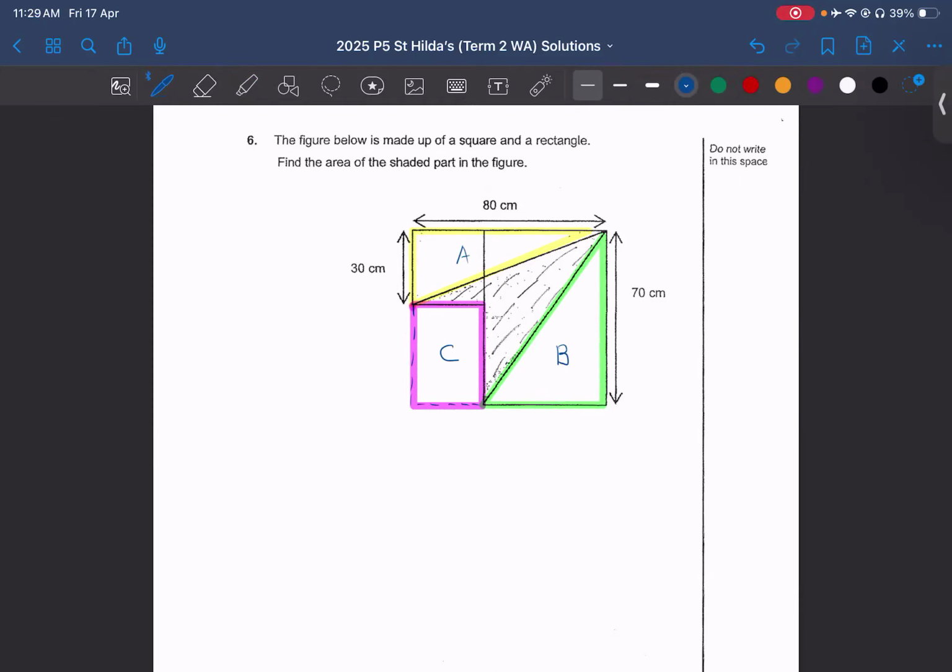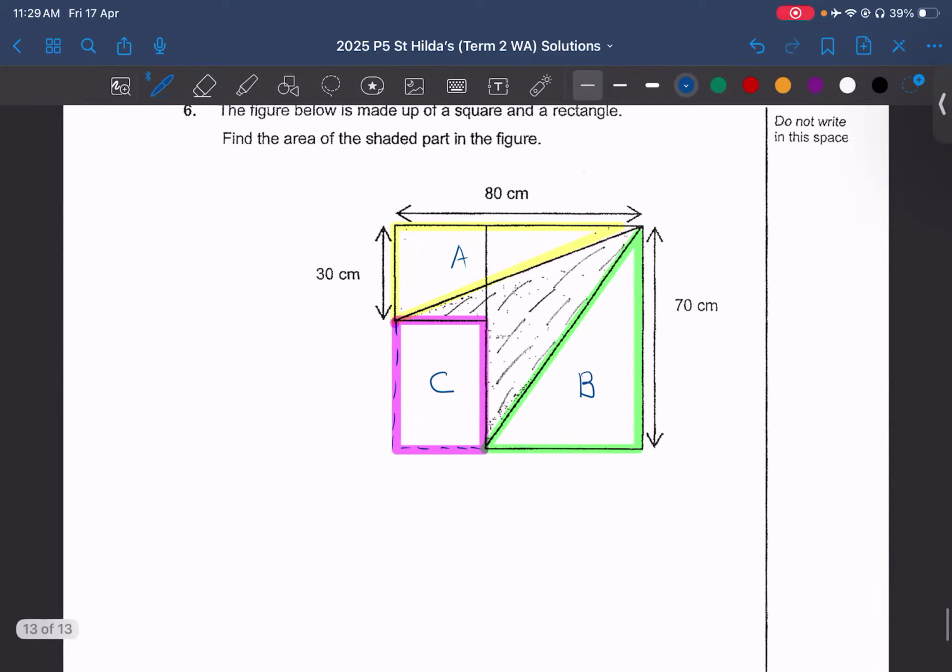If we were to minus the part A, part B, and part C, we would just be left with the shaded part. So that is probably one of the approaches that you should try. Now we will just have to figure out the different dimensions that we need.